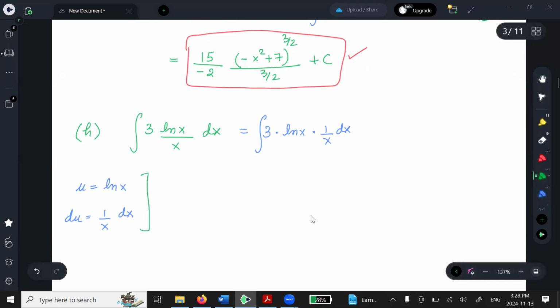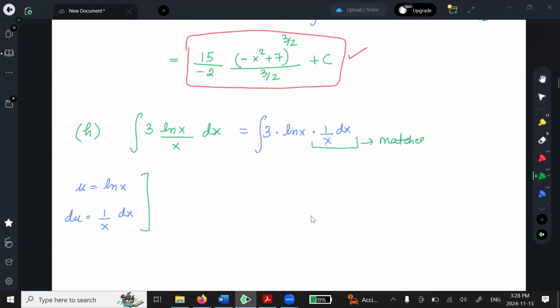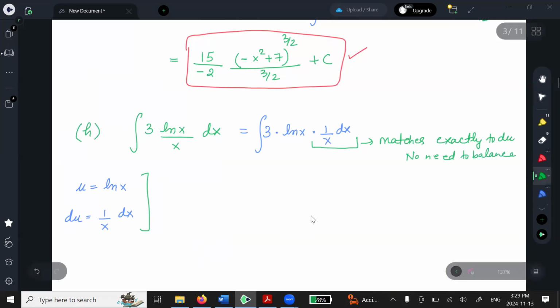I have my u, I have my du. Du matches exactly to the question. So no need to balance anything here. Matches exactly to du. No need to multiply and divide. No need to balance. So I just simplify it.